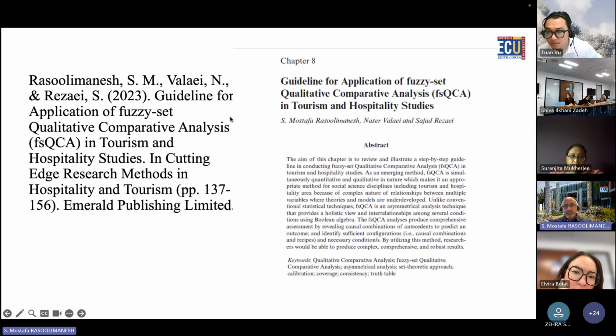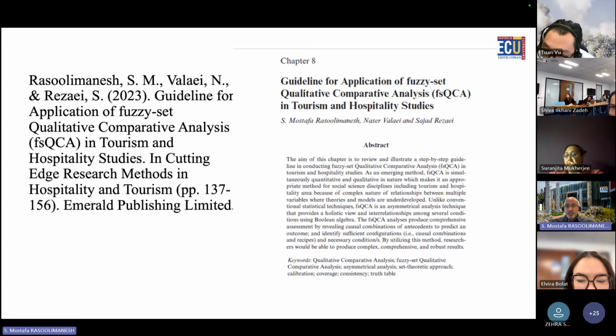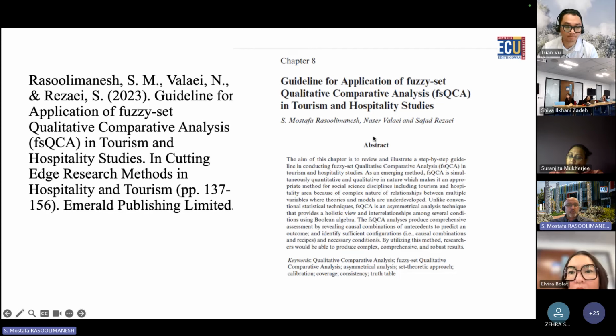And this is the chapter that I mentioned, in which there is a step-by-step guideline to perform FSQCA, and also the application of the FSQCA software, that you can refer to for your FSQCA analysis.